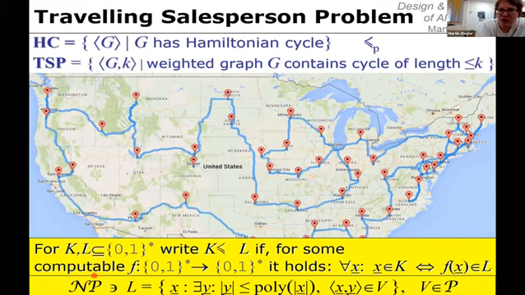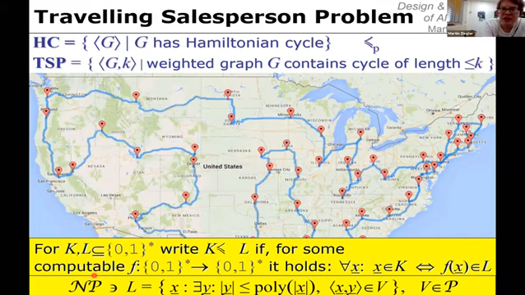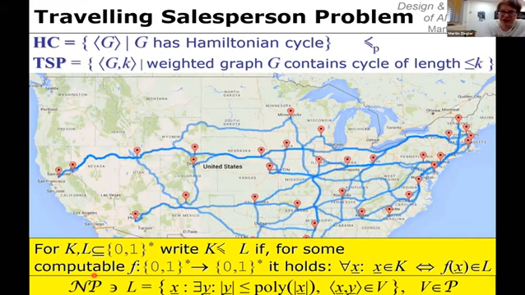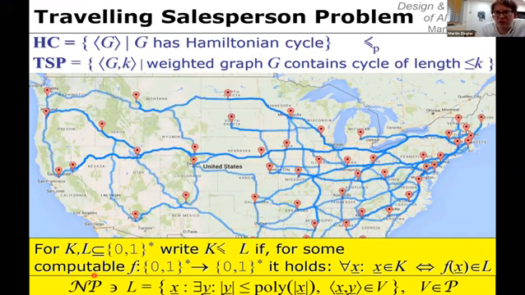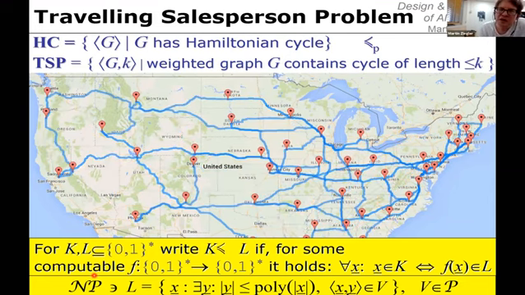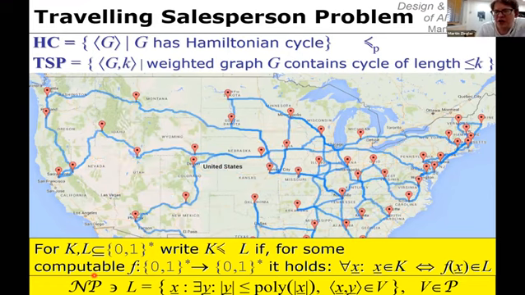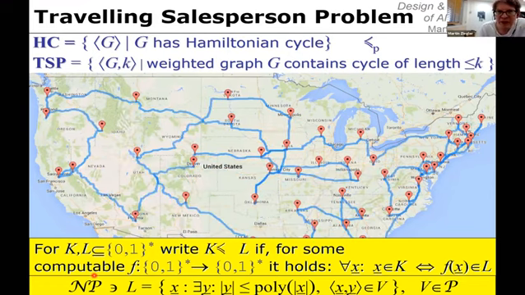So let's consider two vertices in the original graph. If there is no edge between these two vertices, then our translation will add an edge, but an expensive edge, an edge of weight much larger than the weight of any other edge in the graph. More specifically, we can choose the weight to be n, the number of vertices. And observe that this is a non-negative integer weight.